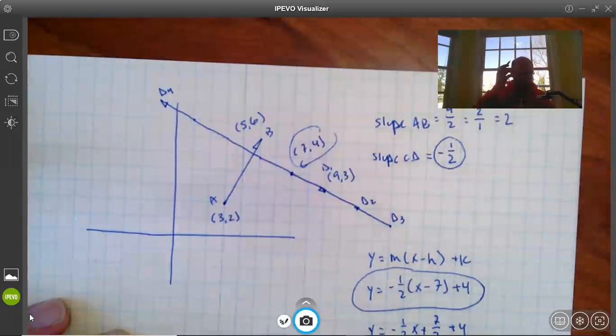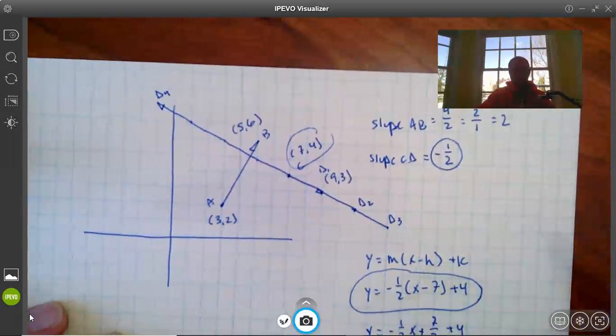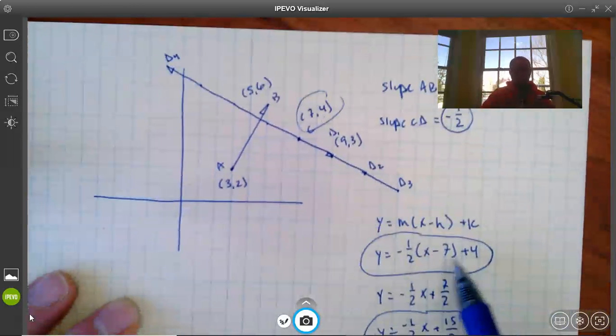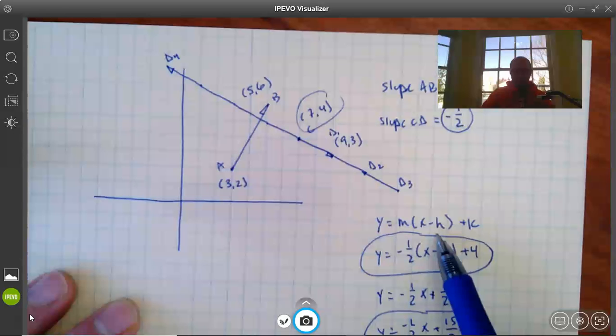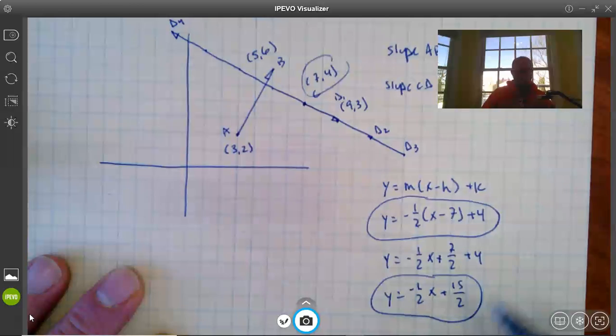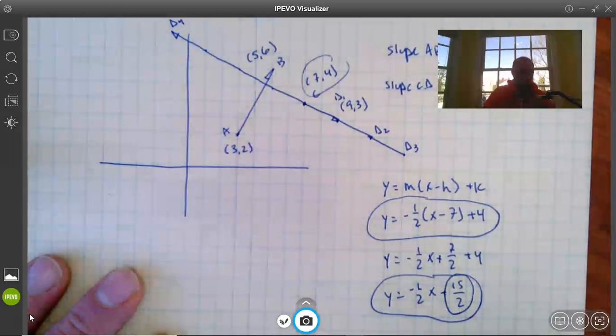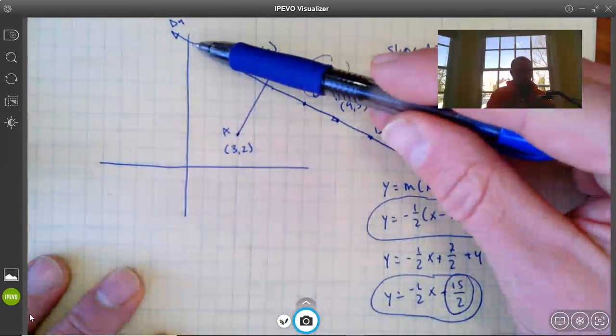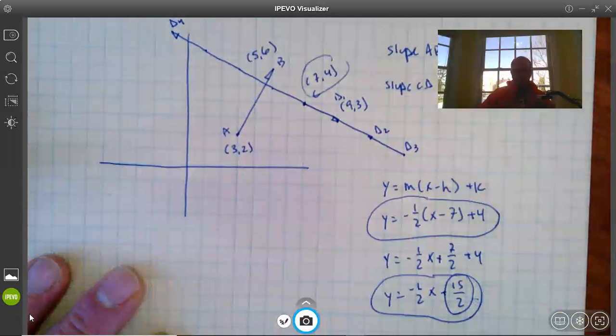And then, if we want to write the equation for a line that's perpendicular, and we know the point and we know the slope, we can use our point slope form, where m is the slope, and the point is h, k. Notice that's minus h and plus k. So just fill in the blanks. There's the slope, and there's the point, and we can simplify it to slope-intercept form. And that sometimes helps verify. So we don't have an exact intercept up here, but it's in the right neighborhood, so I've probably done my math correctly.